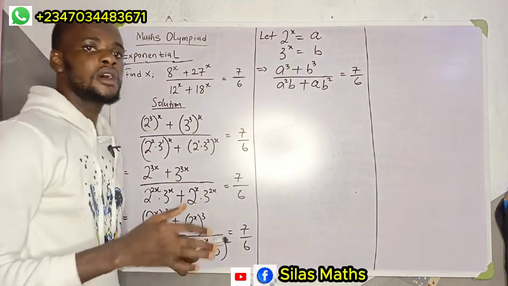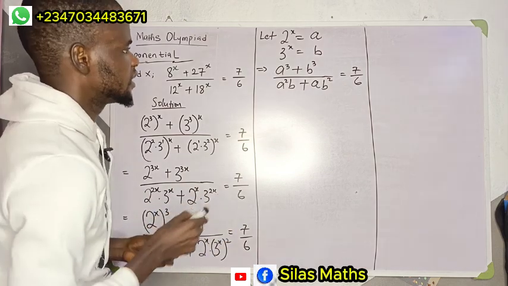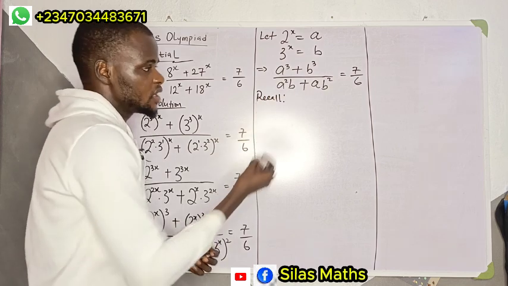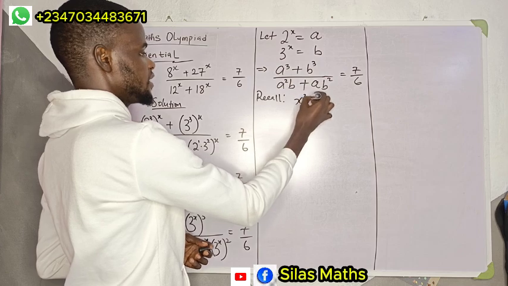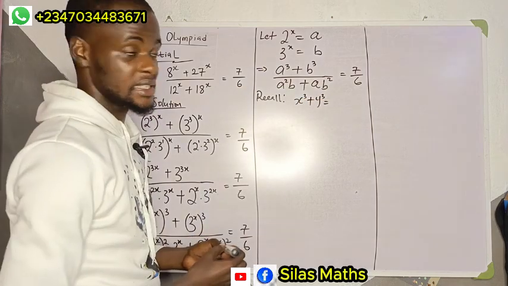So you will recall for perfect cube, recall that when we have a perfect cube like this, let's say x raised to the power of 3, y raised to the power of 3, this can be expressed in this form.